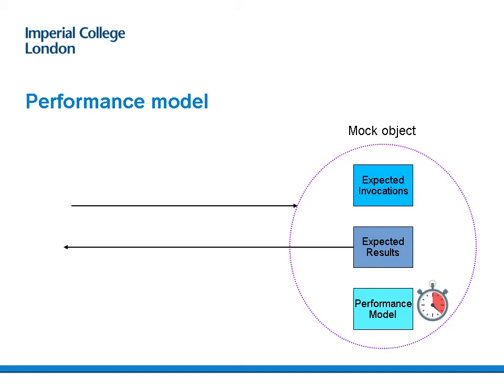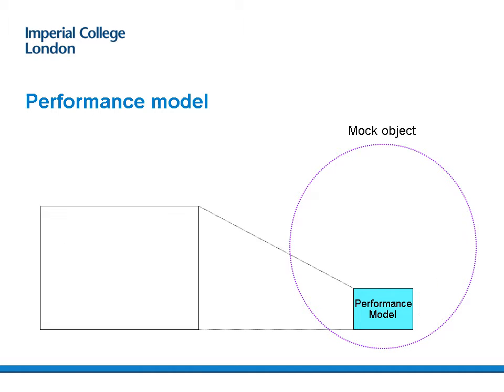Now, a performance model is a fairly abstract representation of a system's performance characteristics. You can think of it as a magical black box that can just answer how long a particular invocation will take. Models can vary in complexity, where generally more detailed models will give you more accurate or more representative results, but will be more difficult to use.